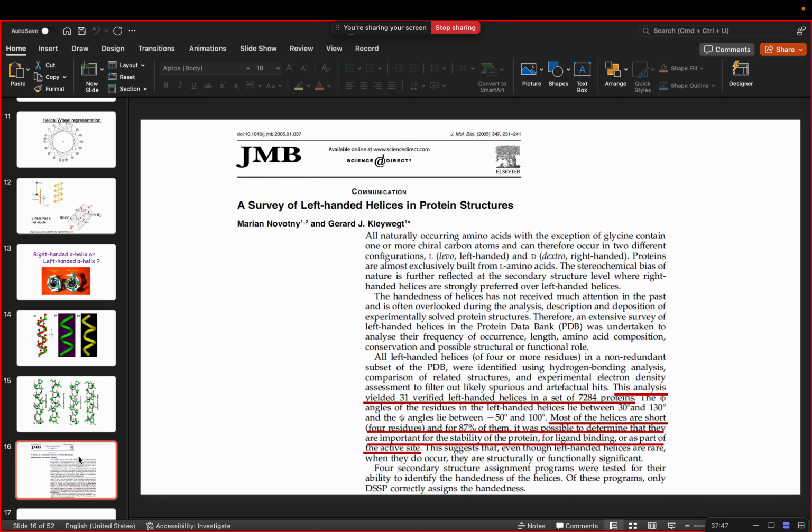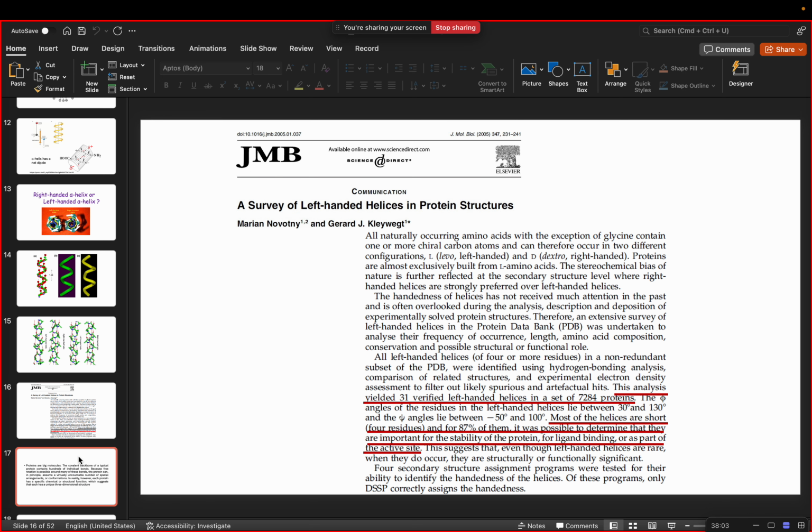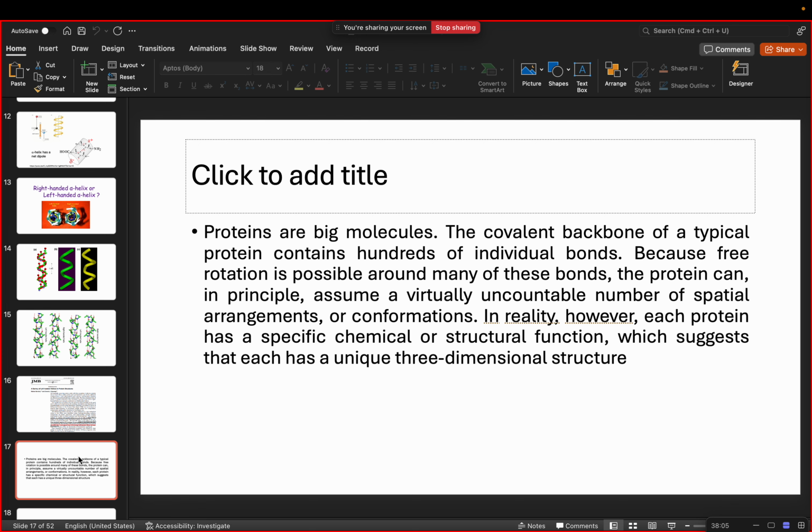Then about the left-handed alpha helix in proteins. Generally, the majority of the time in biological systems, right-handed alpha helices are present instead of left-handed alpha helices. Okay, so some basic, let me get to the structure.